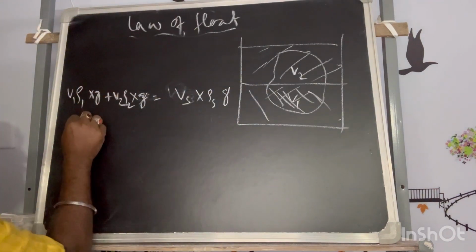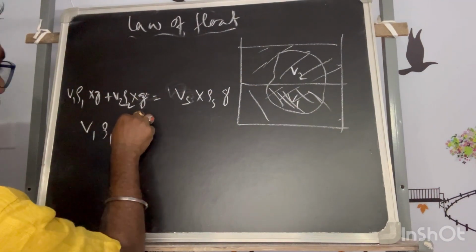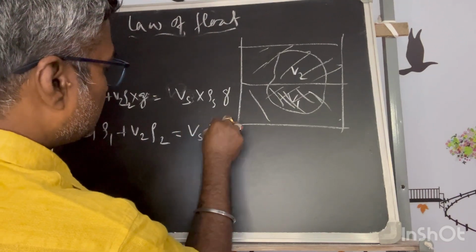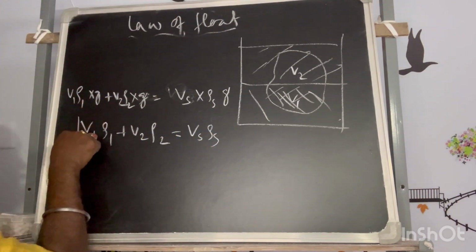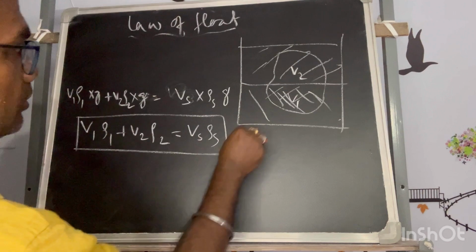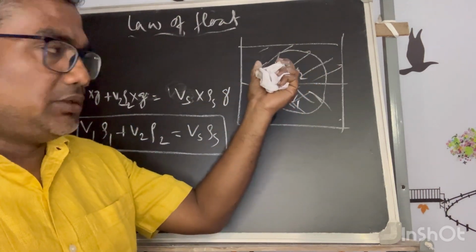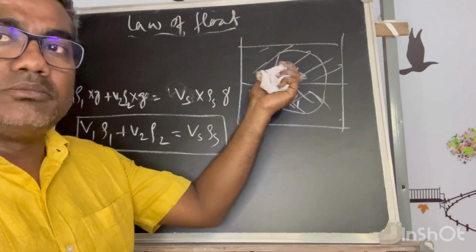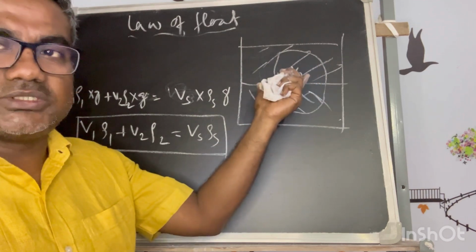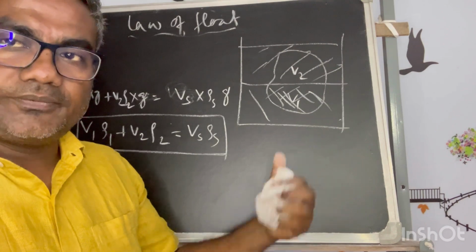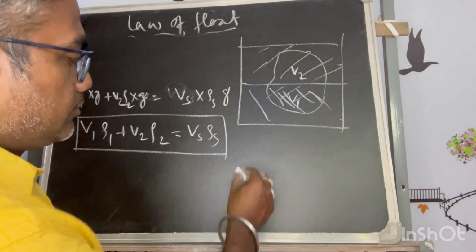So G cancels out. It is not the same fluid, it has two layers of fluid, but these fluids are immiscible, that is, not mixing with each other. If they mix, it automatically makes one solution, and the density will change.